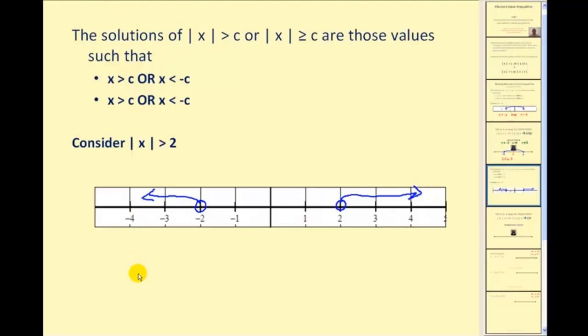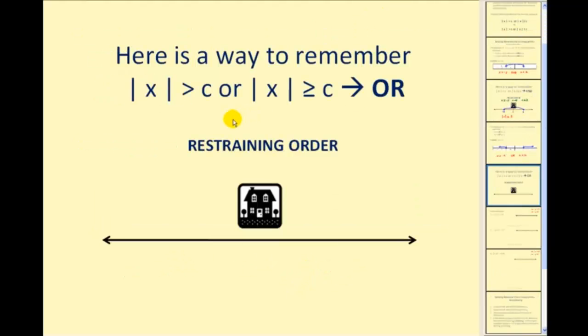So this translates into x being less than negative 2 or x is greater than positive 2. It would be the union of these two inequalities. So here's a way you can remember that if you have the absolute value greater than or equal to a positive value of c, it will always be a compound inequality with or.